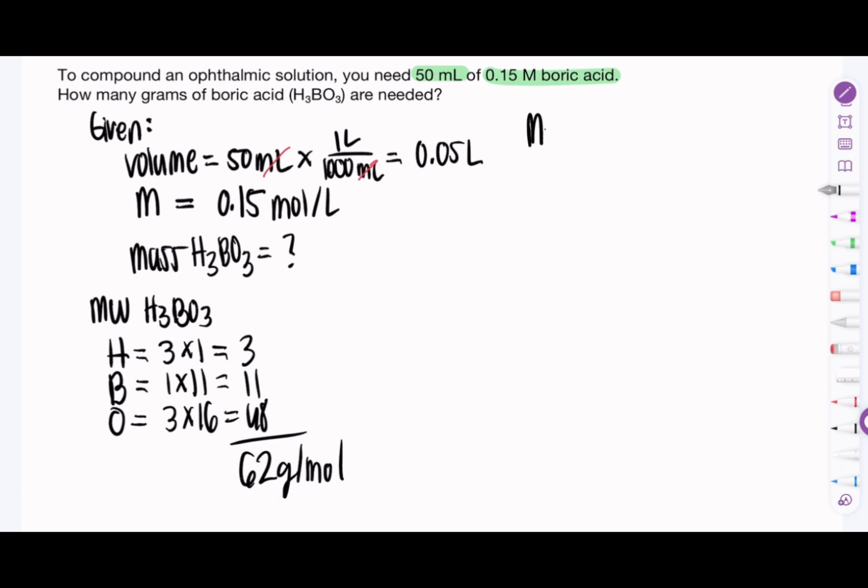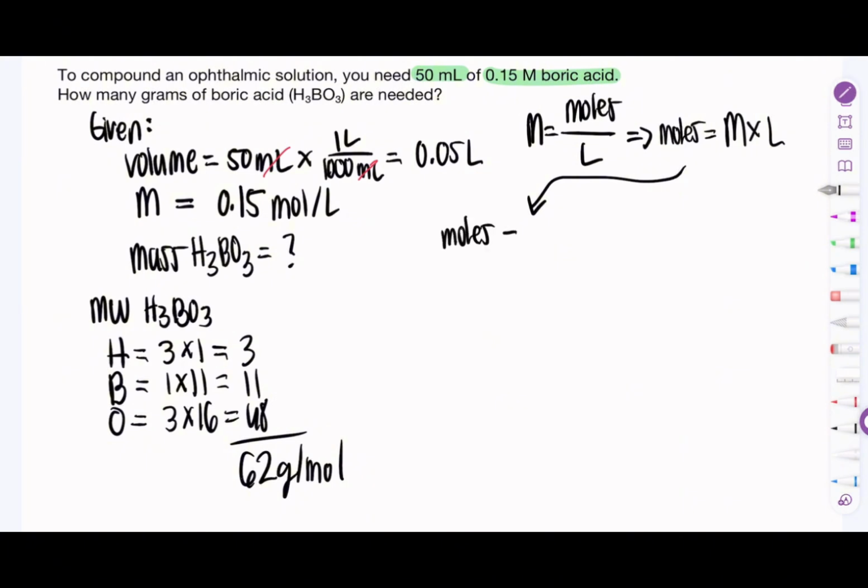Now, molarity is equal to moles per liter. We can derive it into moles is equal to molarity times liters. So our moles is equal to molarity, which is 0.15 moles per liter, times our volume, which is 0.05 liters.